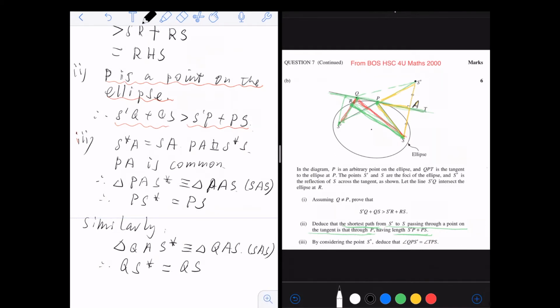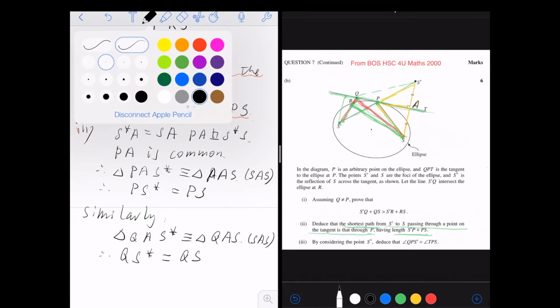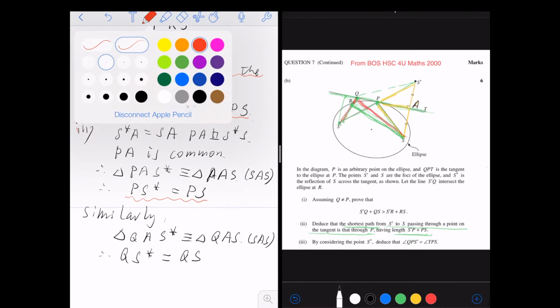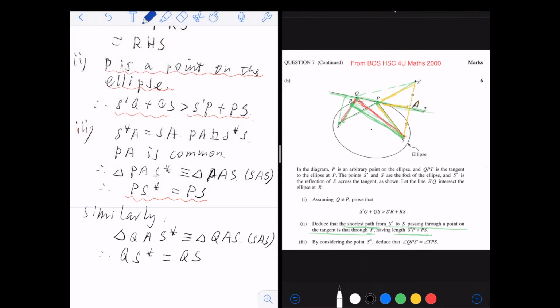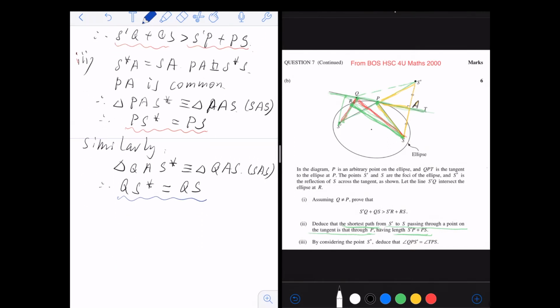With these two results, I'm going to highlight them. One is this equal to this, and another one, using these colors, this equal to that. Okay. So now how does this help me prove the next question?